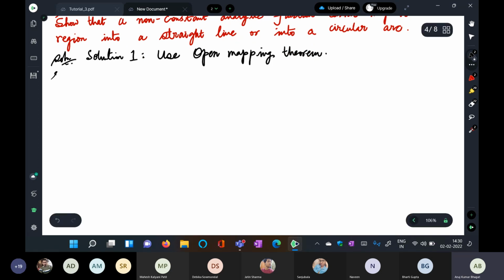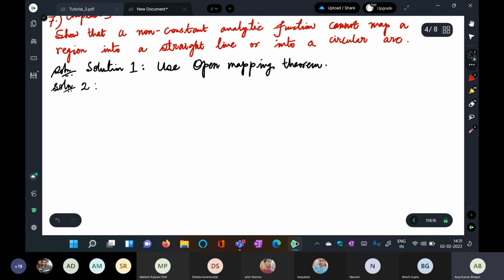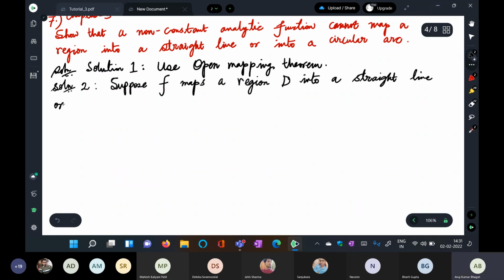But because you have not done the open mapping theorem, let me give you solution 2. This is much more constructive. Suppose f maps a region D into a straight line or a circular arc.